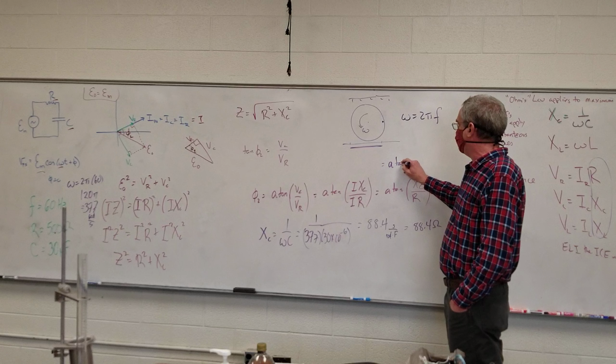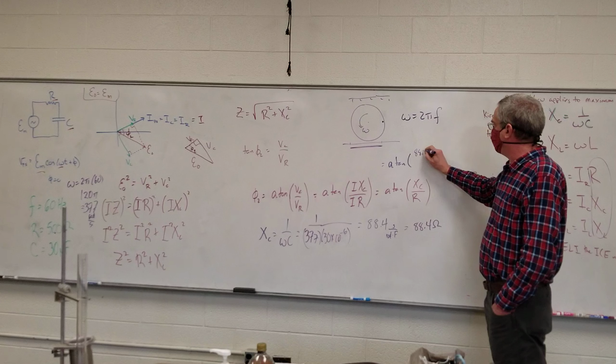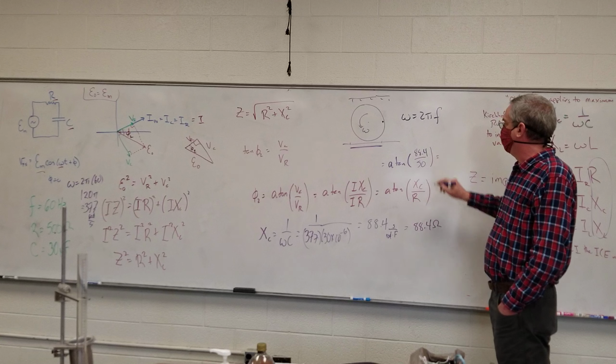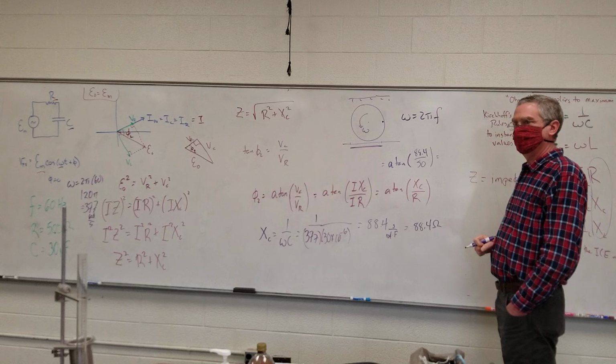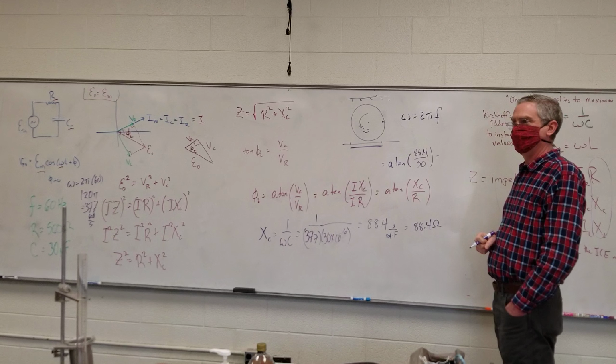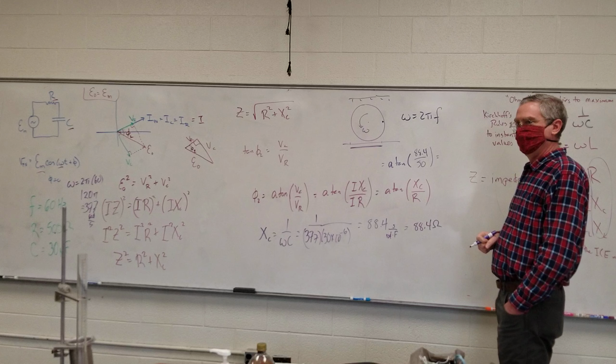So this is the arctangent of 88.4 over 50. Where's that 500? Oh, it's 50. I changed it. Okay.